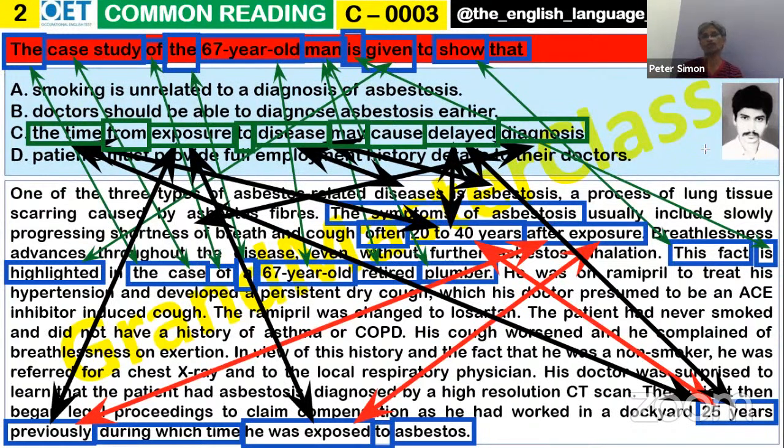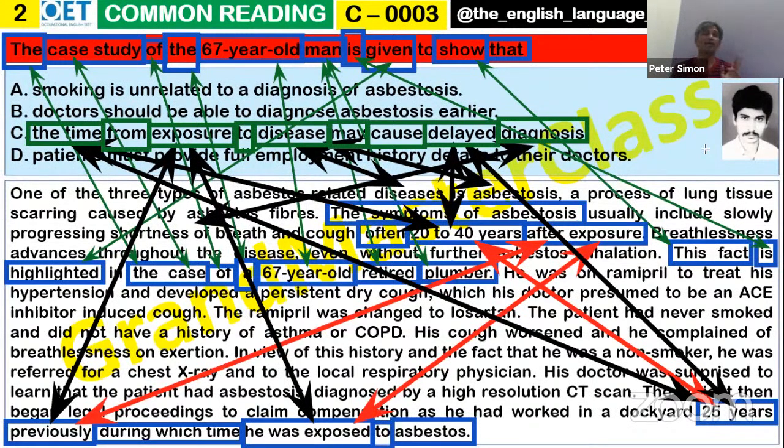Try to understand this. Once you understand this logic, these logical representations, it is very clear for you. Whenever time is given, time is very important. That means numbers are very important.